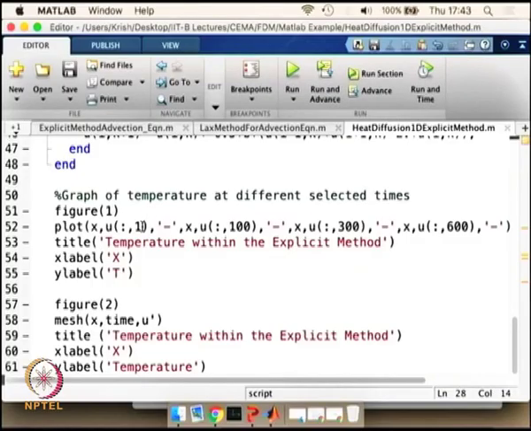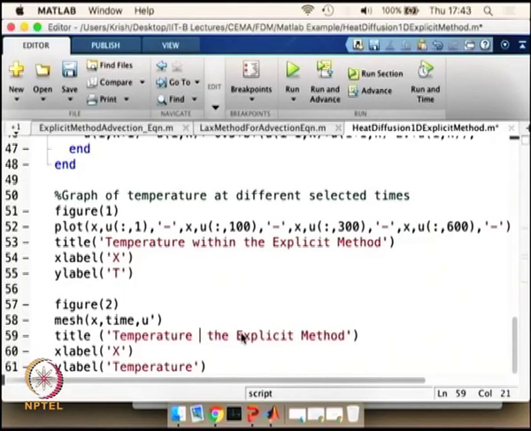We are plotting at time step 1, time step 100, time step 300, time step 600, so on and so forth, using different colors. And then we are also plotting in the 2D mesh the temperature using explicit method, and we are seeing the time step and also we are plotting the temperature.